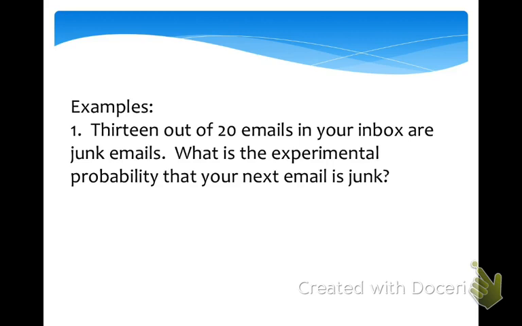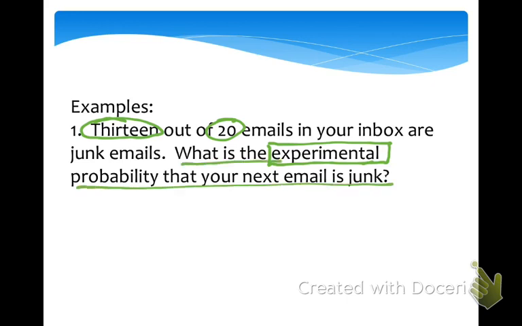So I'm going to use CUBES on this to help me. It reads: 13 out of 20 emails in your inbox are junk emails. What is the experimental probability that your email is junk? So I'm going to circle my numbers, just like I do in CUBES, and I'm going to box in the words that are important and underline the question.